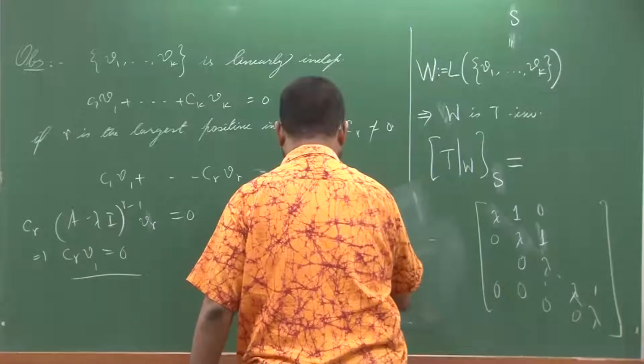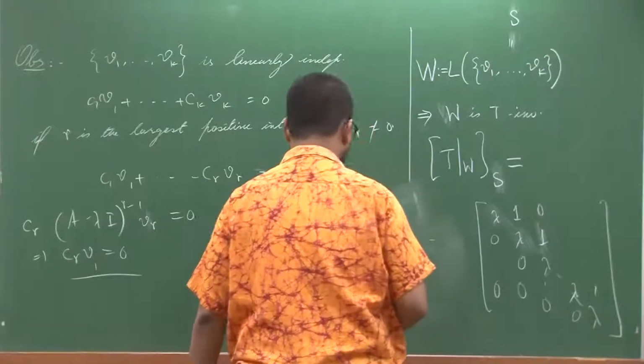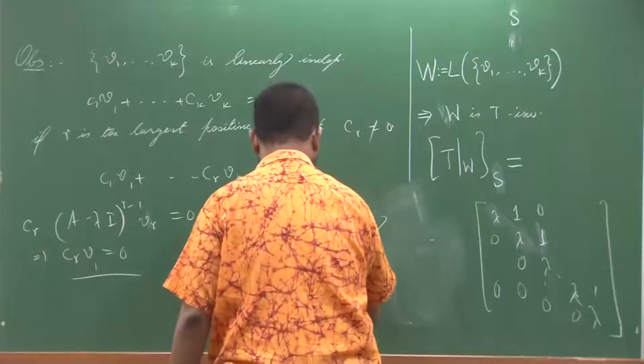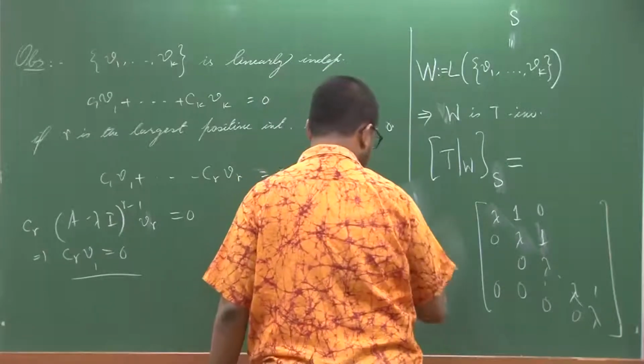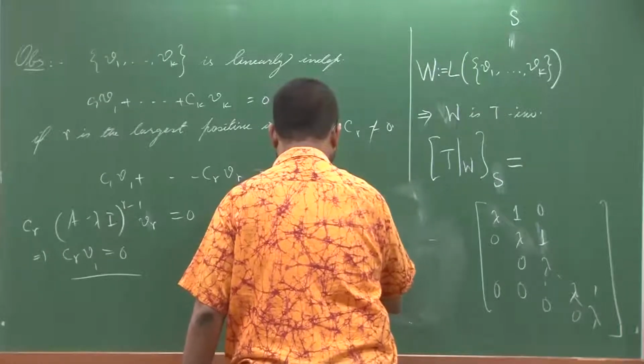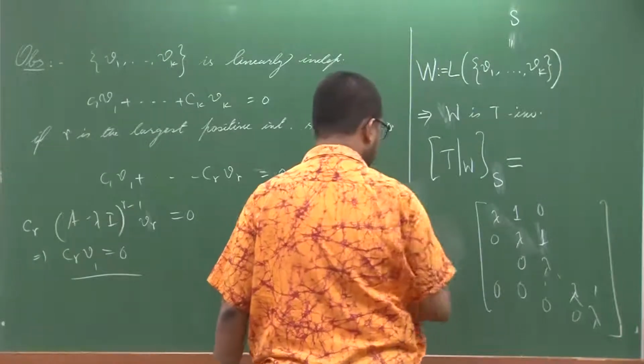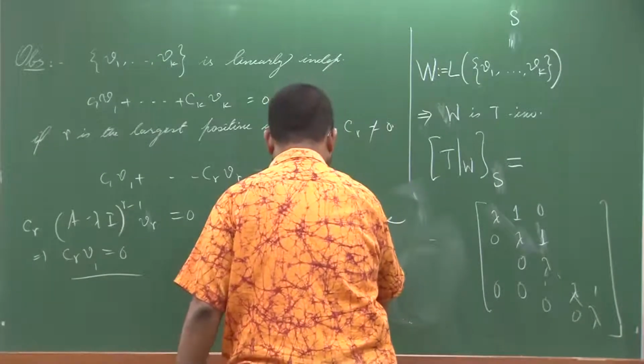The reason for calling it elementary will be apparent later. Maybe I can just simply say Jordan blocks. It will be a Jordan block corresponding to lambda.